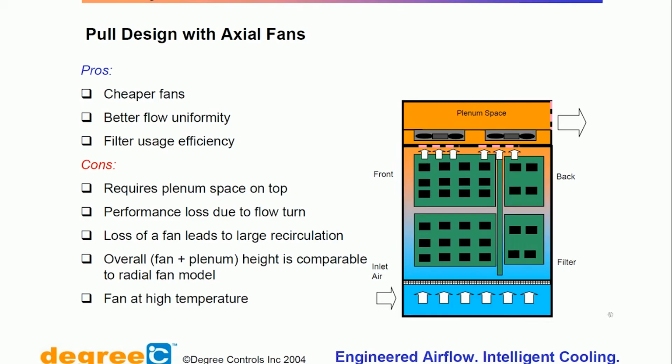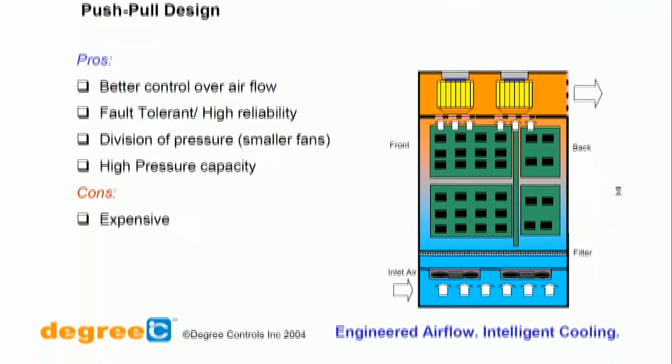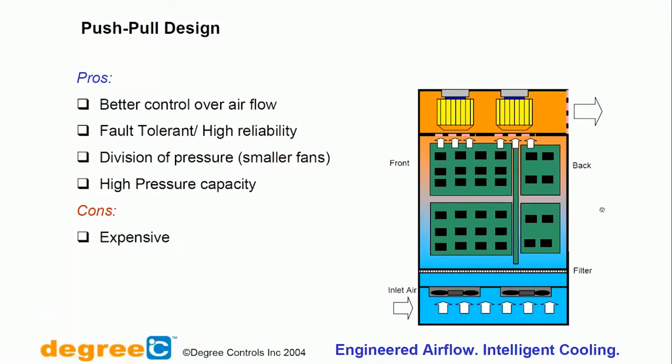So, the next slide talks about, can we have a compromise? Can we have a push pull design, where you have something pushing here and something there, and like all other design considerations, it is still a hodgepodge and a compromise.